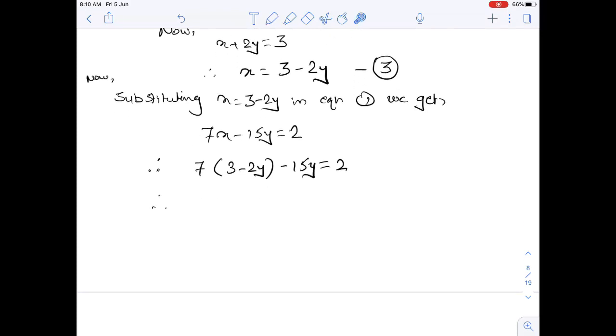Now this 7 will multiply with both 3 and minus 2y. So you will get 7 3s are 21, then plus into minus is minus, and 7 2s are 14, so you will get minus 14y, then remaining as it is minus 15y equals 2.